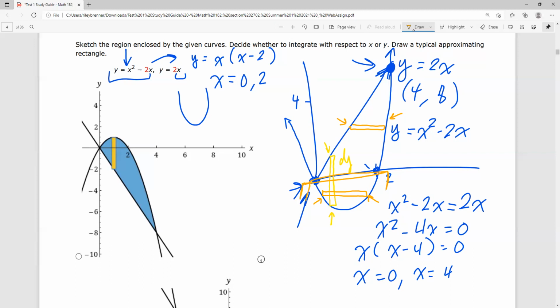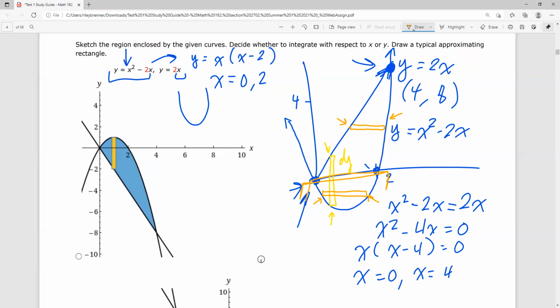So the basic rule here is you want to integrate with respect to the variable so that the top function and the bottom function are two different functions. You do not want them to be the same function, because then you'd have to break that function apart, and that's too much work for us, right? Not in our pay grade.